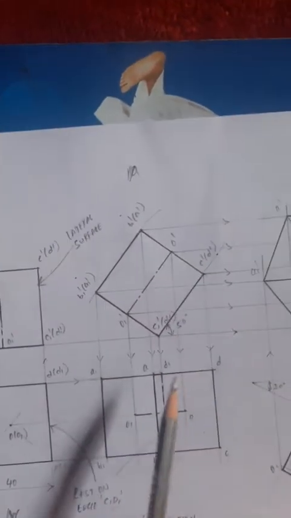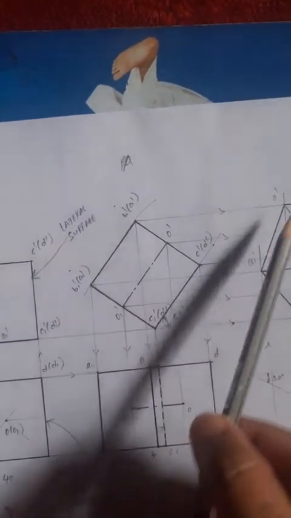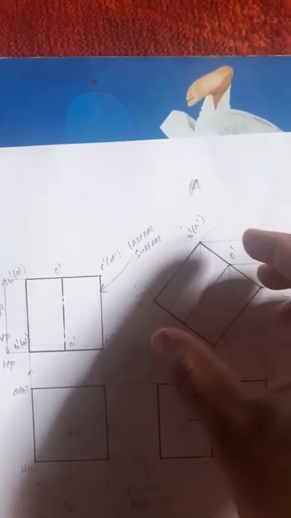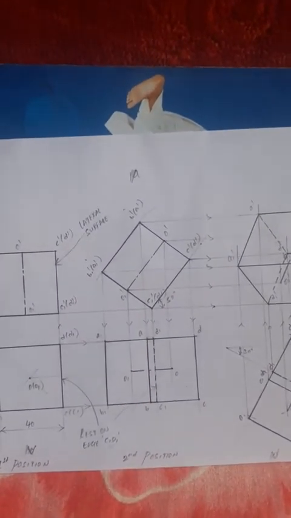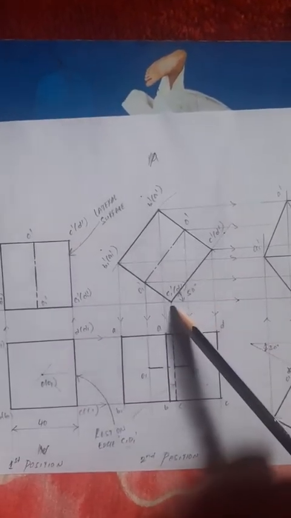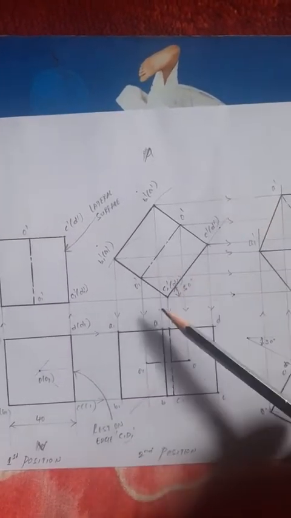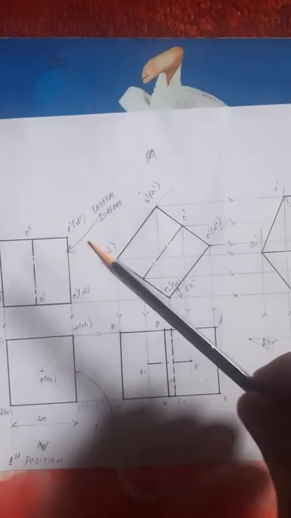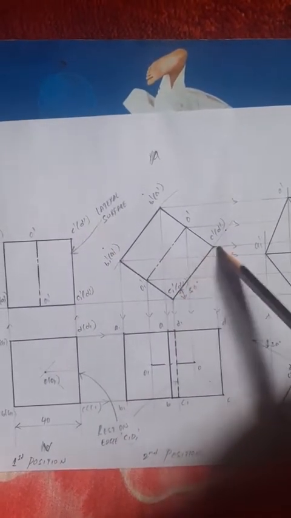How much angle with respect to the XY line is it? Draw a 50 degree line. Just transfer this square, the cube, onto the 50 degree line. Now you know how to do it with the help of a compass. First draw the projector, draw a 50 degree line. Along the 50 degree line measure C1 dash, C dash, that is 40 mm.